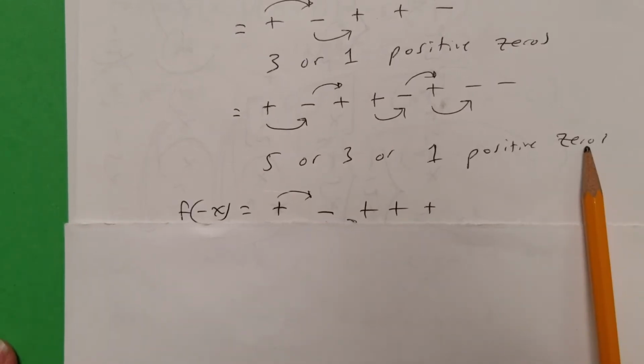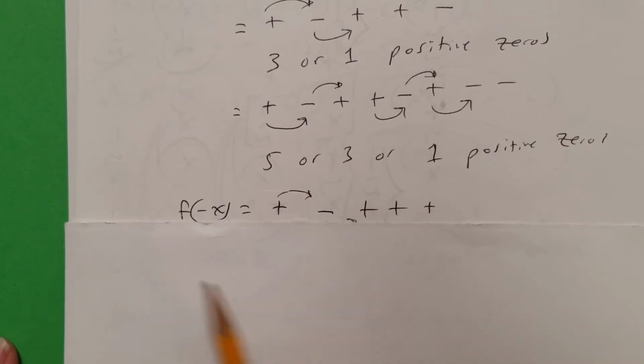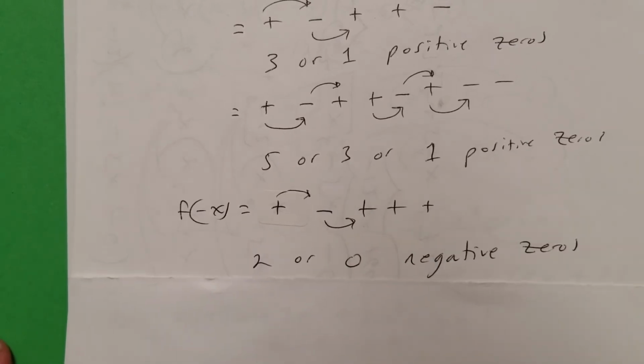You know what 0 means, right? The intercepts. So all these are on the positive side. Well, if you plug in negative x, then you can find out how many negative zeros you have. It's the same rule, right? So 1, 2, so you can have 2 or 0 negative zeros, right? Because we're doing with negative now.